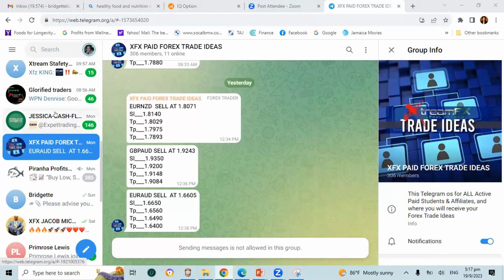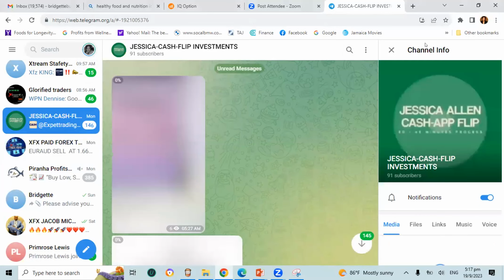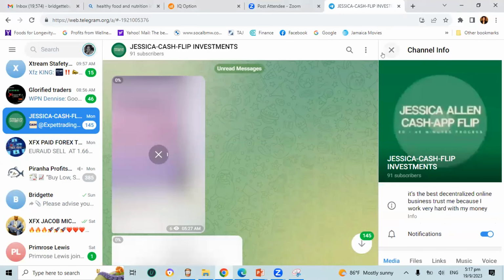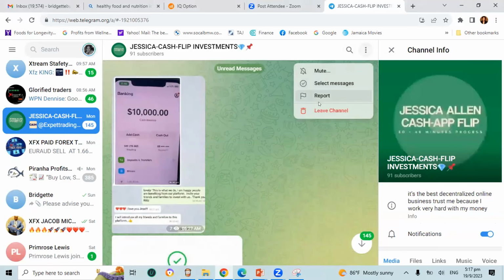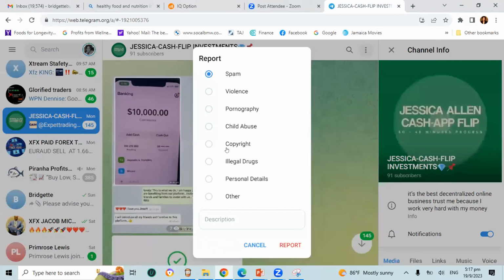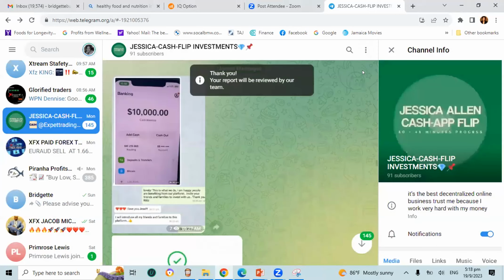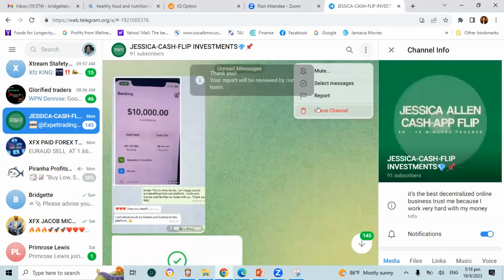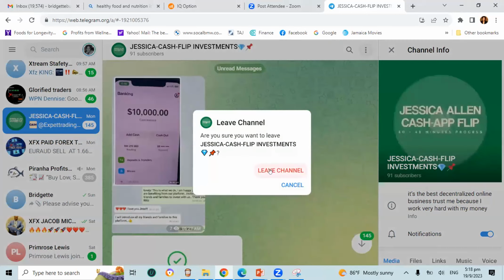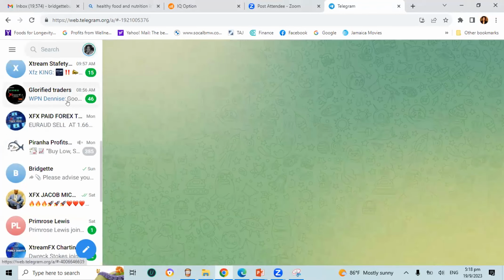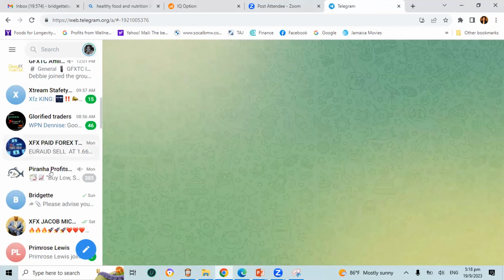It's not finding that at all. You're not seeing it? Refresh your Telegram.